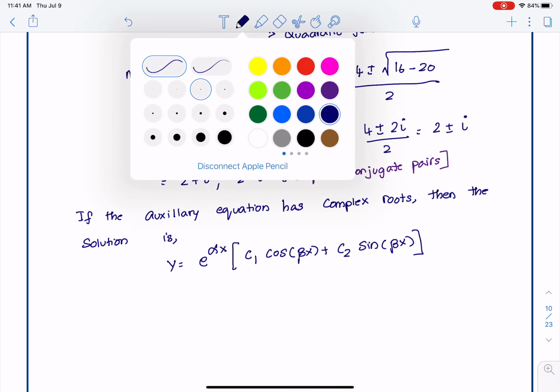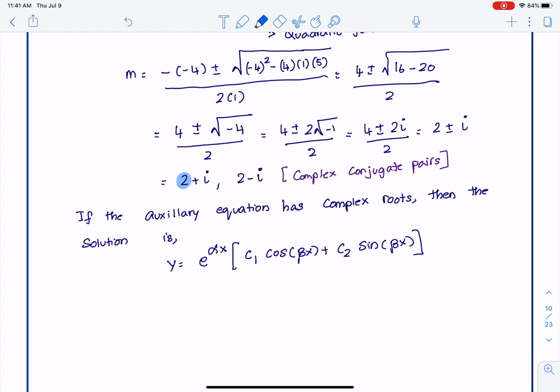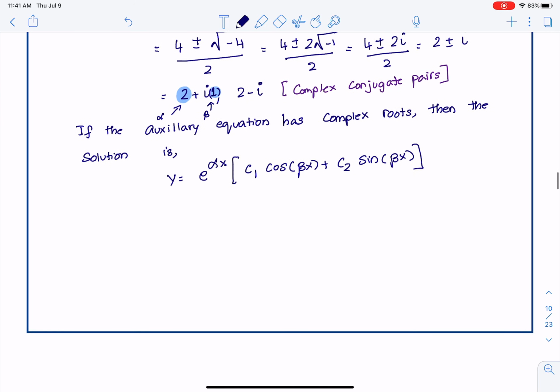What do I mean by that? So here we have 2 and 1i. i times 1 is i. So alpha is 2 and beta is 1. So the solution would be e raised 2x multiplied by c1 cosine 1 times x plus c2 sine 1 times x.